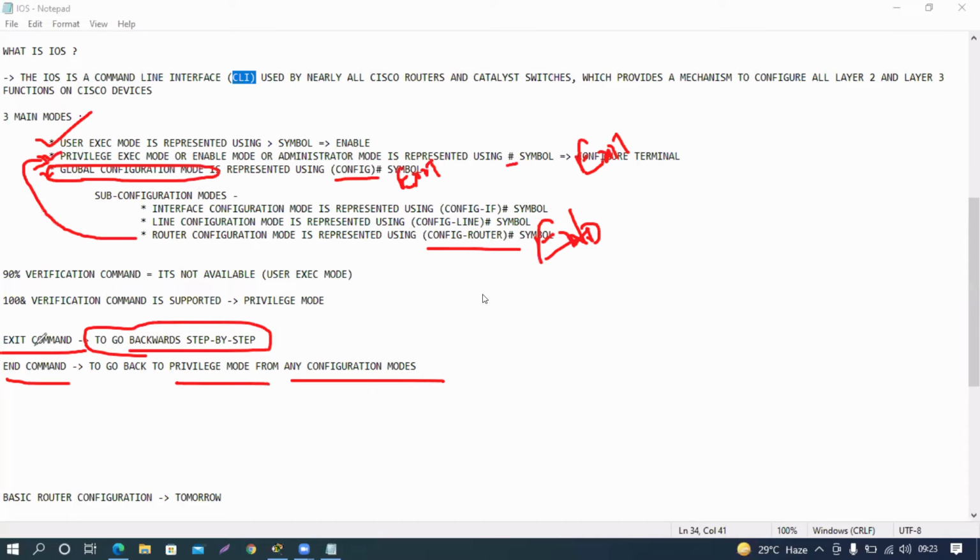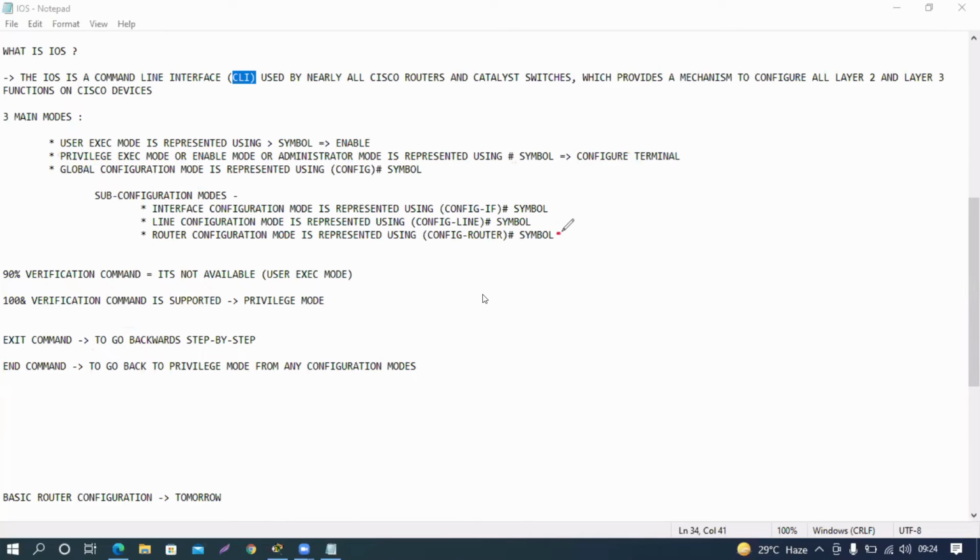Normally, when you use the exit command, you go back to the previous mode, that is your global configuration mode. In this mode, again you have to give exit, and you go back to this particular mode.